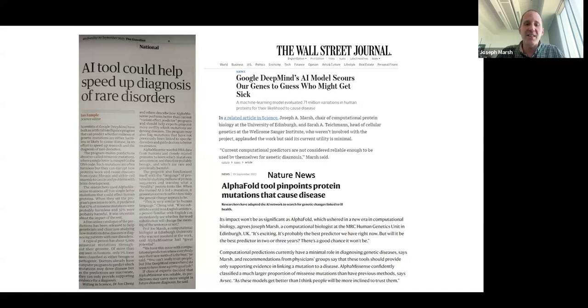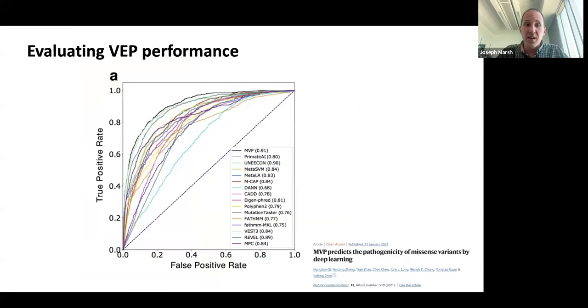But it reflects this broader problem that we have in the field: how do we actually know how good these variant effect predictor tools are? How do we actually evaluate variant effect predictor performance? If you look at papers reporting new variant effect predictors, this is just an example from a randomly chosen paper, nothing special about this method at all. What they'll almost always have is a figure like this, where they assess pathogenicity prediction.